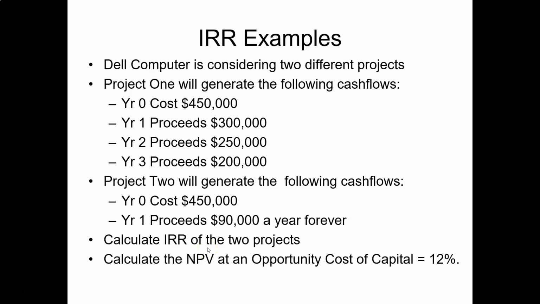Let's consider an example in using the internal rate of return. Suppose Dell Computer has two different investment projects. The first project has cash flow in the next 3 years. After paying the upfront payment of $450,000, Dell can collect revenue in year 1, year 2, and year 3.